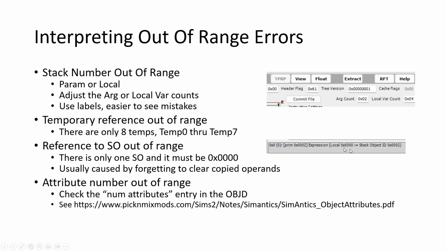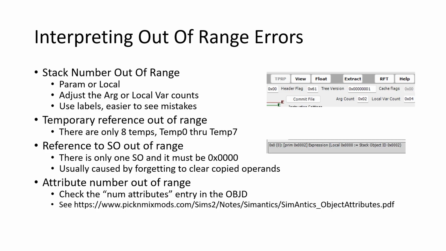So you can see here I've got local 0 equals stack object ID 2. This invariably happens because this used to read something like local 0 equals literal 2. You thought, I'll stick it in the stack object and I'll manipulate it. And you changed the literal to stack object and you forgot to change the 2 to a 0.